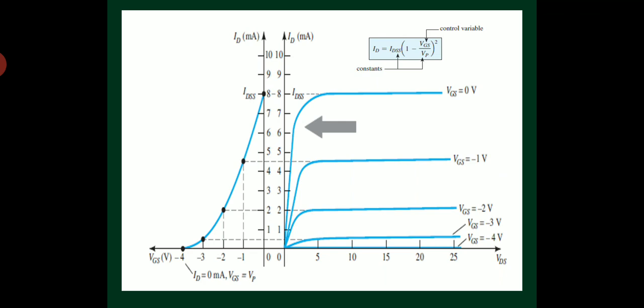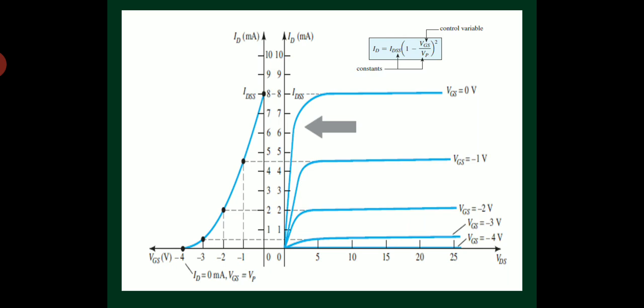Likewise in a BJT, input characteristics are drawn between input voltage versus input current at different values of output voltage, and output characteristics are drawn between output voltage versus output current by keeping input current constant at different current levels.